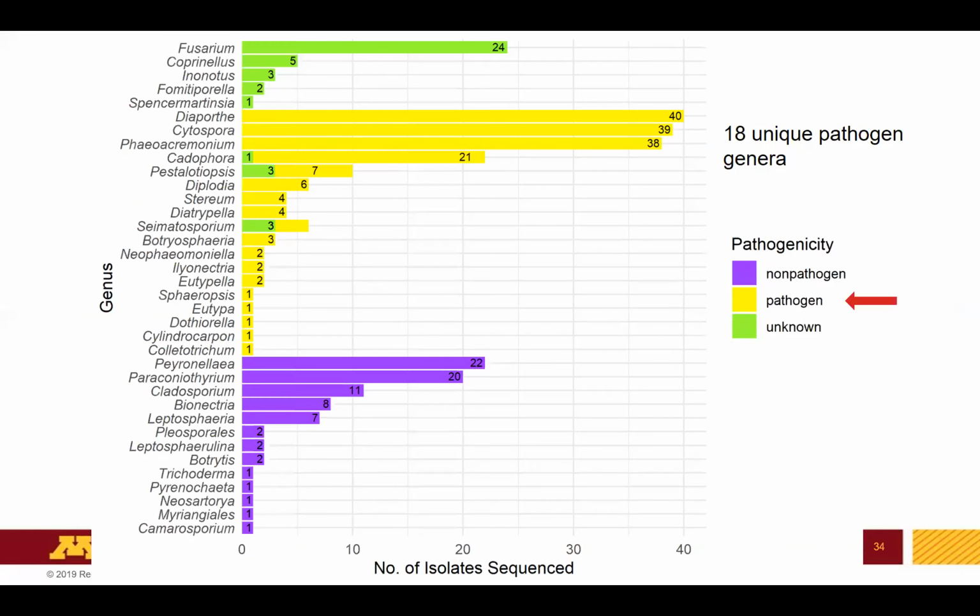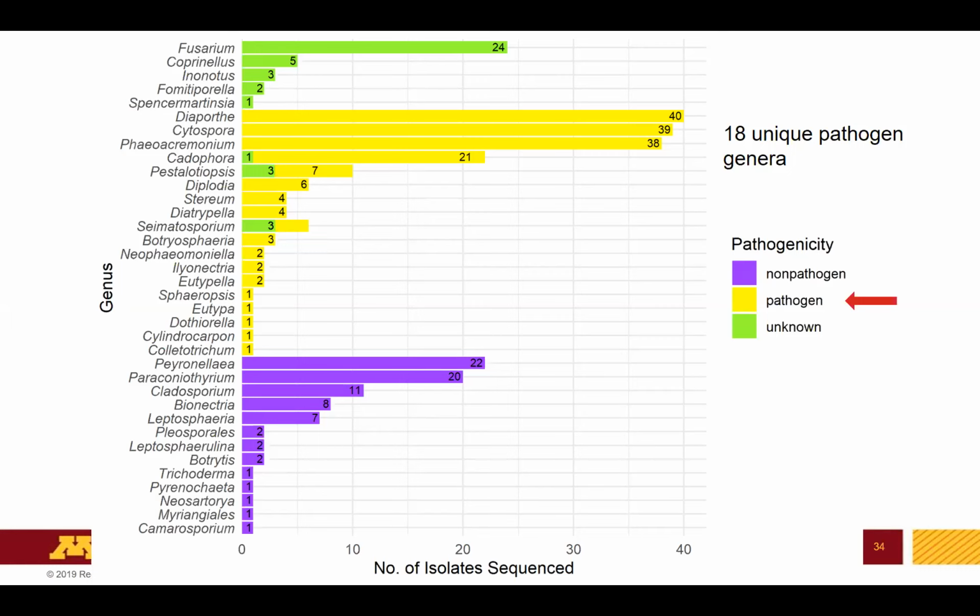So this table is showing a snapshot of what genera we have found so far. If you look over to the right at the legend, the arrow is pointing to pathogen for yellow. So I'm pointing out which genera are pathogenic, and this is again based on that database.